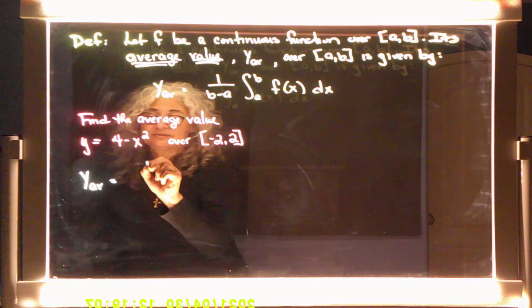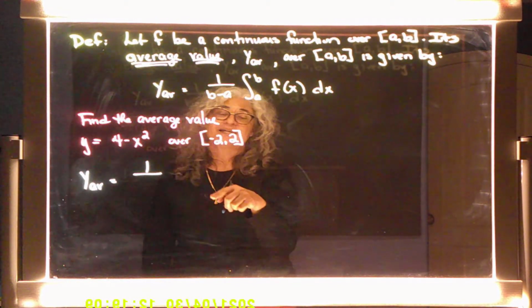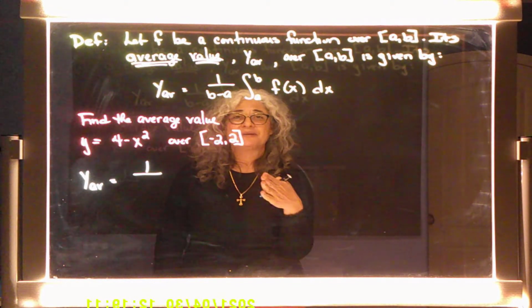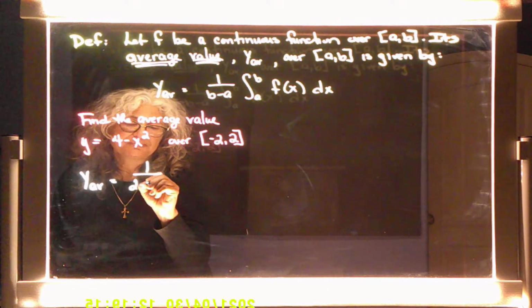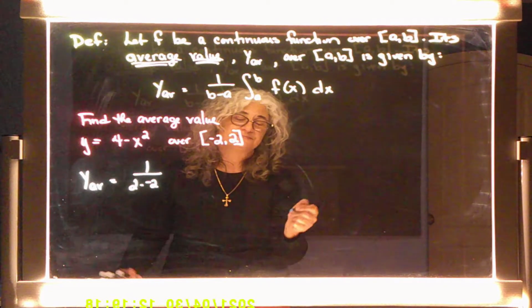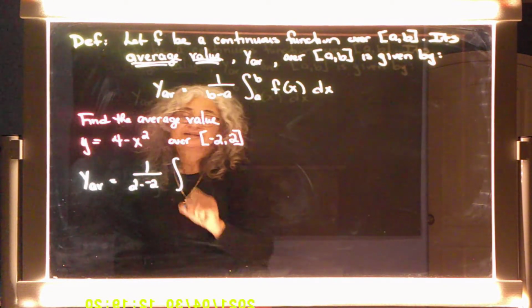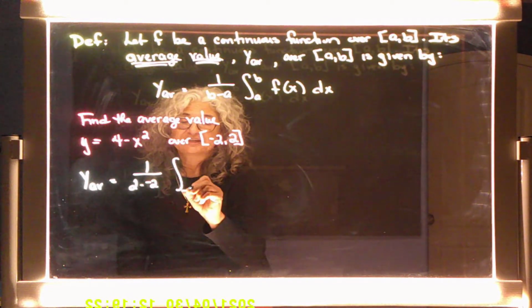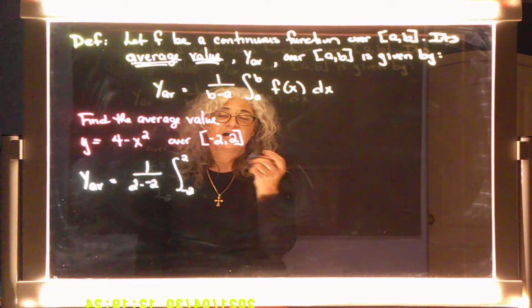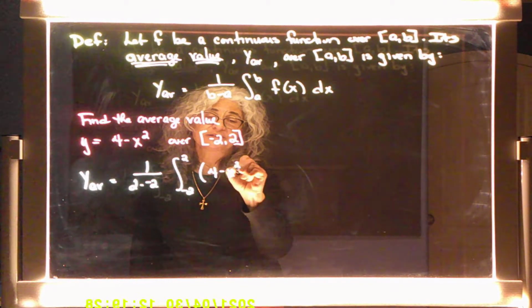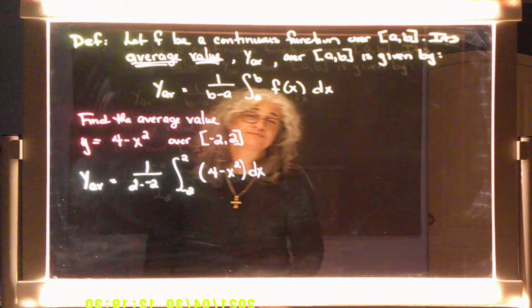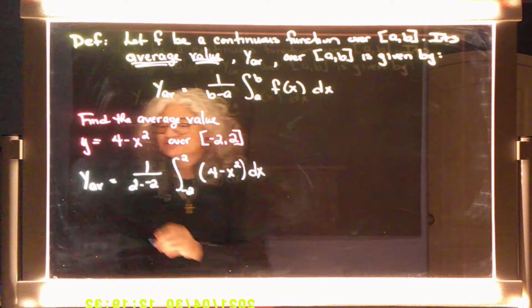All right, so based upon our definition up here, how do we find our average value? 1 over b minus a. So don't get too bogged down in b minus a. It's the larger x minus the smaller x. So 2 minus -2, right? Multiplied by the integral from -2 to +2 of the function, which in this case is 4 minus x squared dx. Cool? All right, let's do our computation.